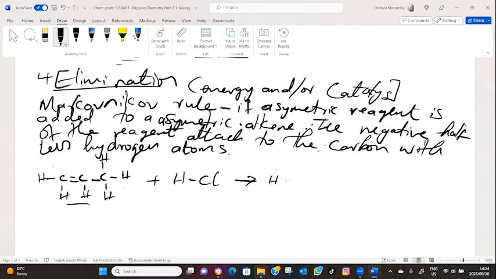If we check here, this is the carbon with less hydrogens.